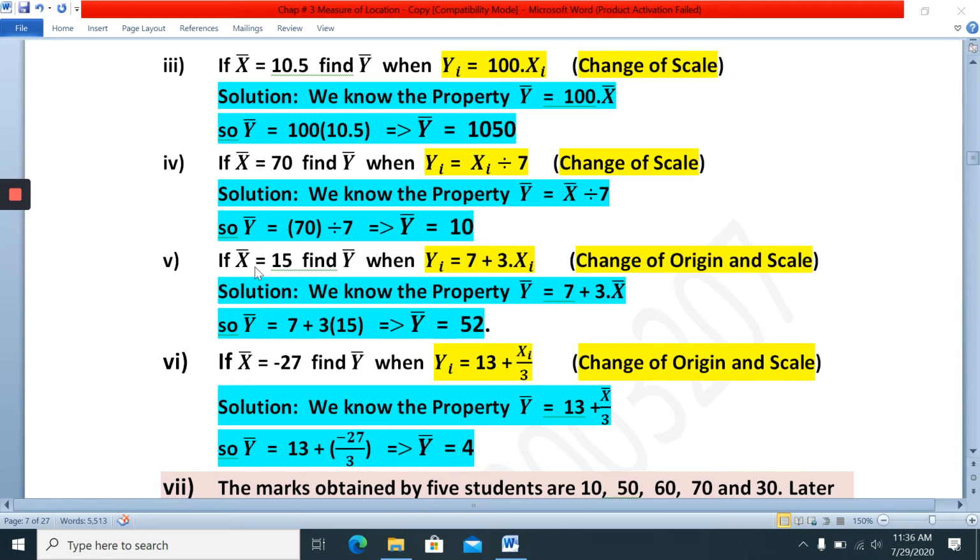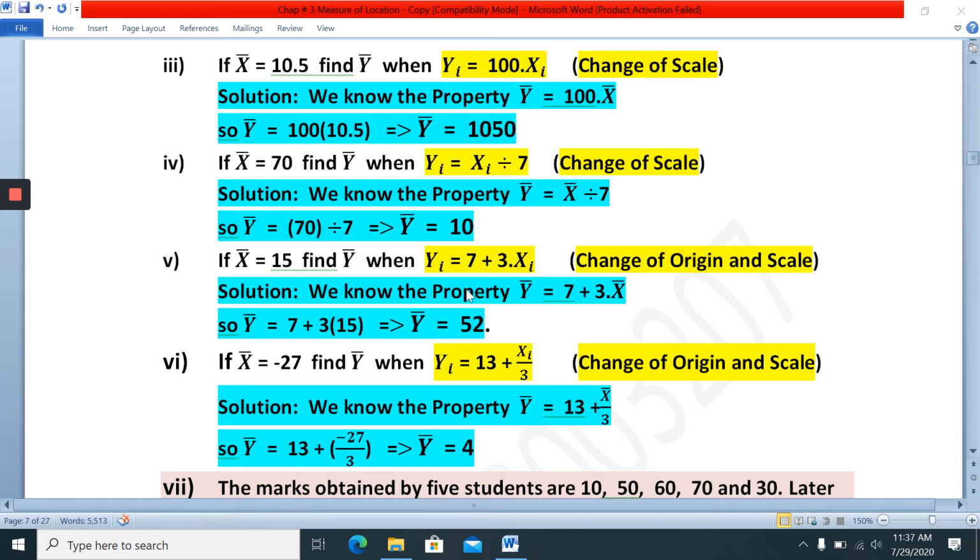Next, if x bar is equal to 15, find y bar when yi is equal to 7 plus 3 times xi. Now I'm doing addition and multiplication both together. So this is the change of origin and this is the change of scale. So the property is change of origin and scale together.